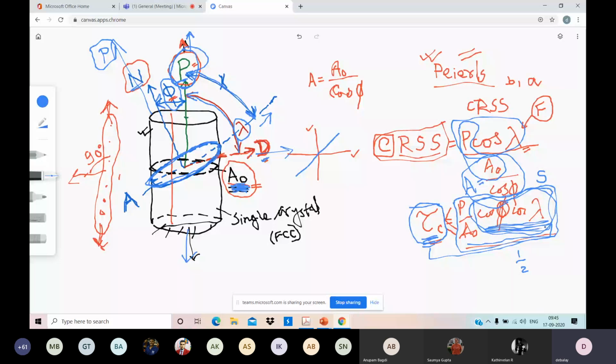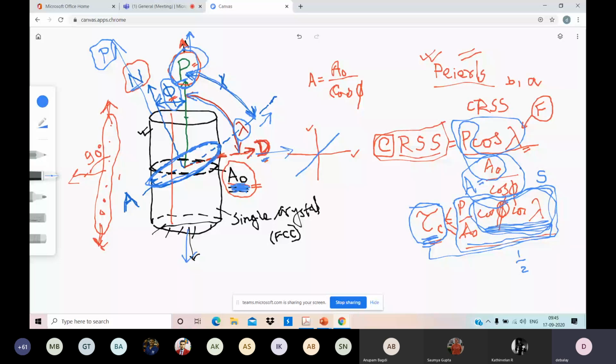And if you have 45 degree, then your resolved shear stress is maximum. If your plane and your direction are at 45 degree. If your phi and lambda both are 45 degree, then that is the best condition.